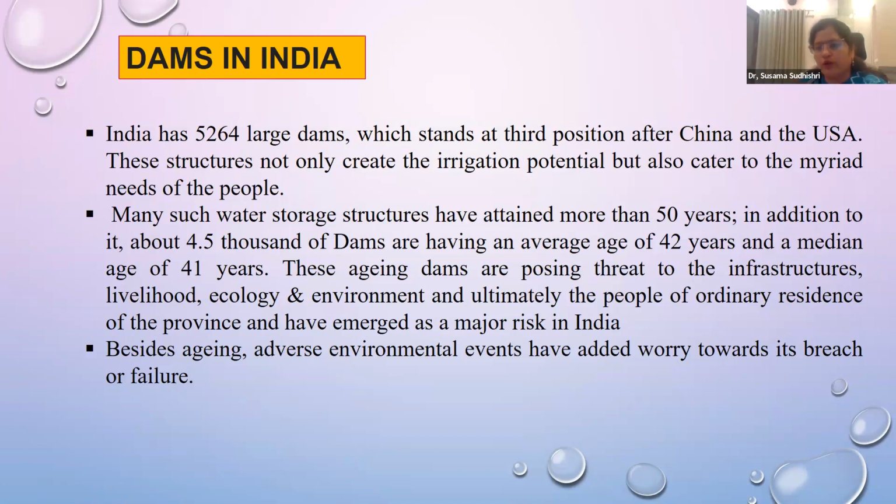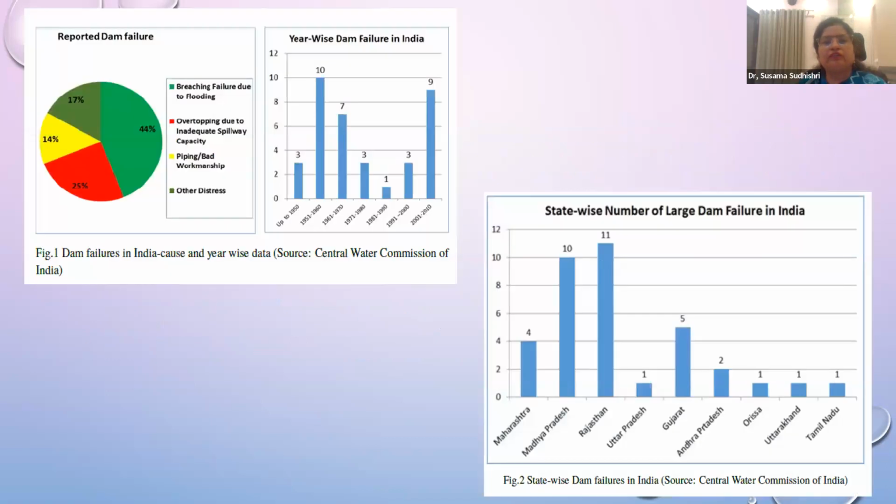And these are the challenges that I will show. What are the different challenges that we are facing now for its restoration? If you see the large dam failures, in Rajasthan the number of large dam failures is more compared to other states. And if you see the year-wise dam failures, 1951 to 1960 it was more.